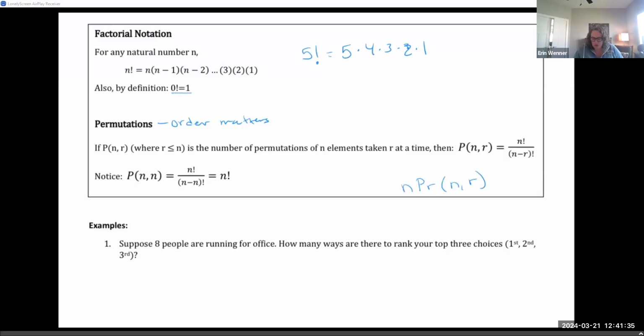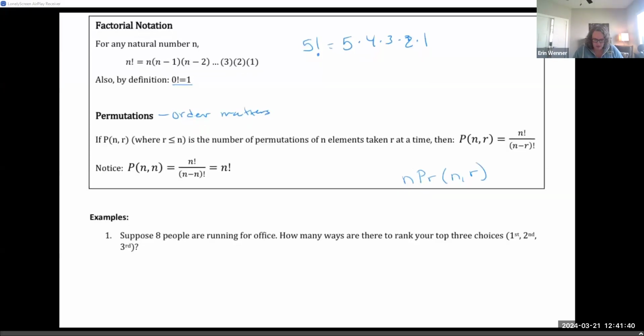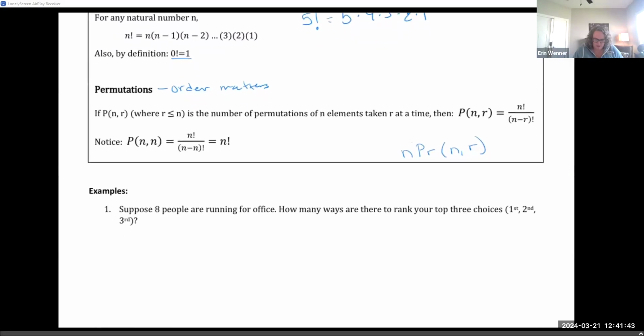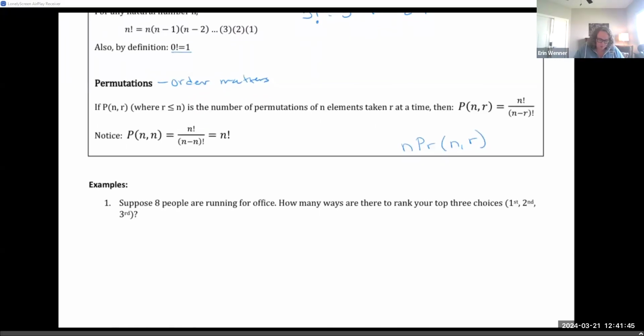So you notice you've got n factorial over n minus r factorial. So what does this look like? In number 1, it says, suppose we have 8 people running for office. How many ways are there to rank your top 3 choices? The fact that they're asking us to rank them tells us that order matters. This would be like saying, I have A, B, C, A, C, B, B, A, C, and so forth, right?